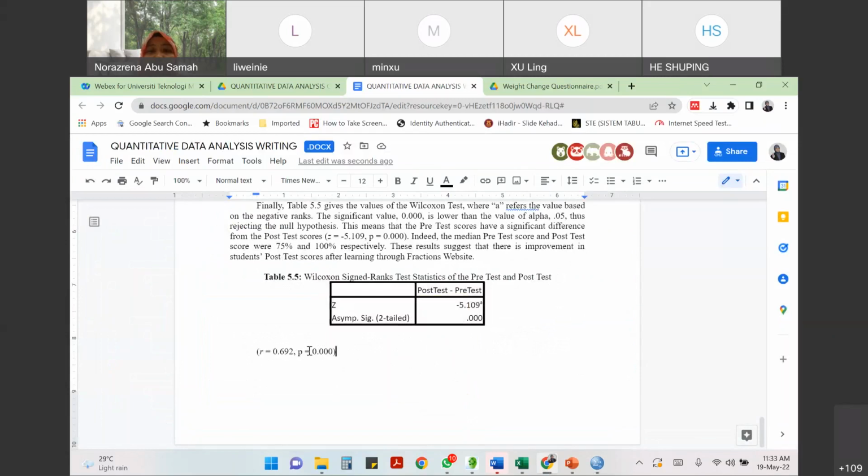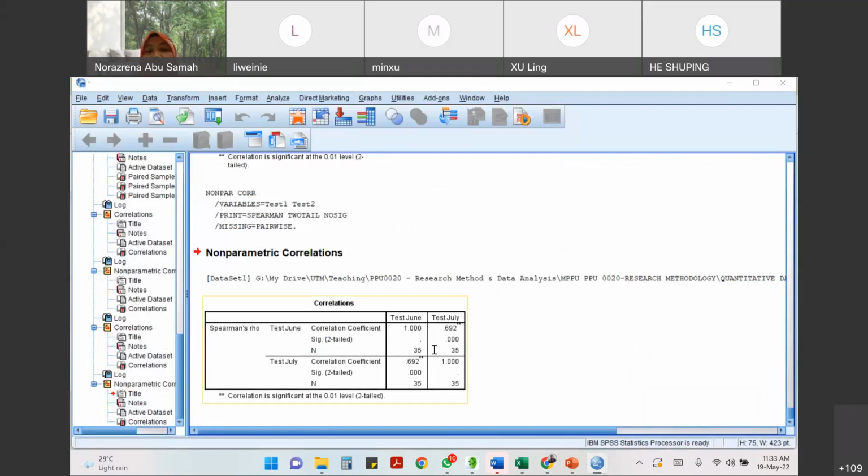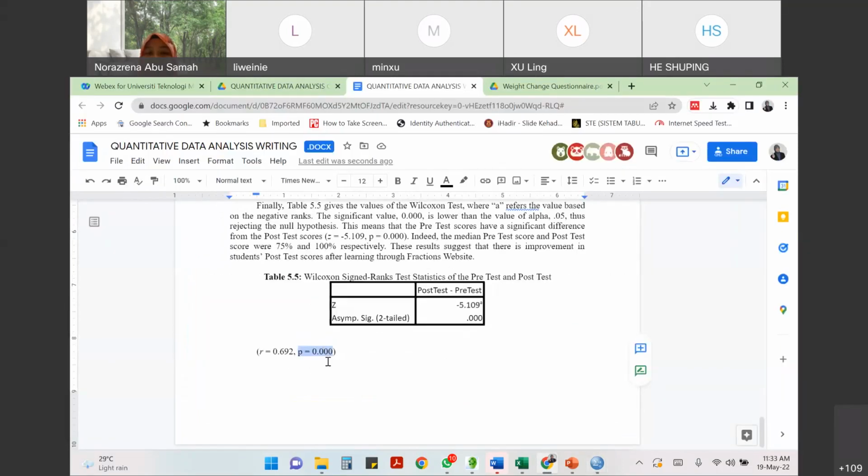The significance is to show that there is a significant relationship between two variables. Because it is less than 0.05, there is a correlation. And then you want to see the strength of the correlation. So look at here, it's from 0 to 1.